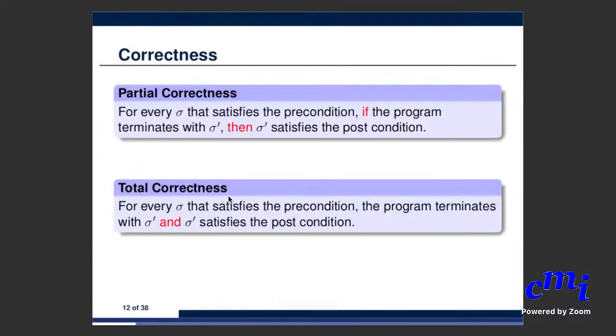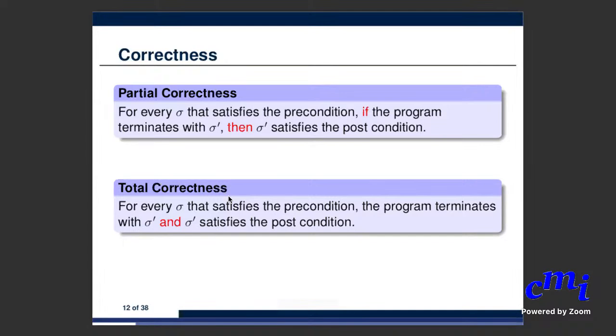So Hoare logic addresses two things, okay? There are two notions of correctness. One is partial correctness: for every state that satisfies a precondition, if the program terminates with a state sigma prime, then sigma prime must satisfy the postcondition, okay?